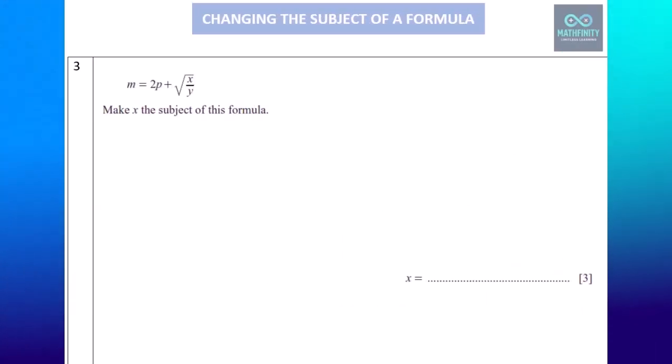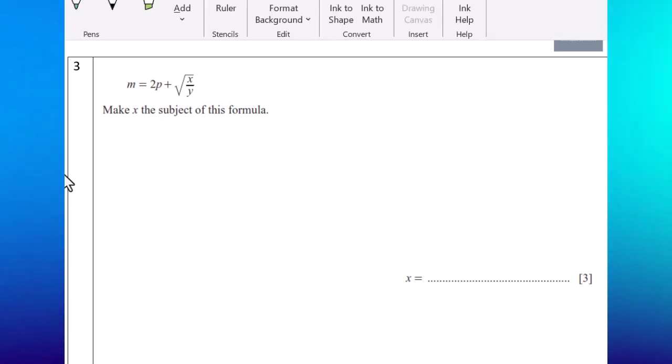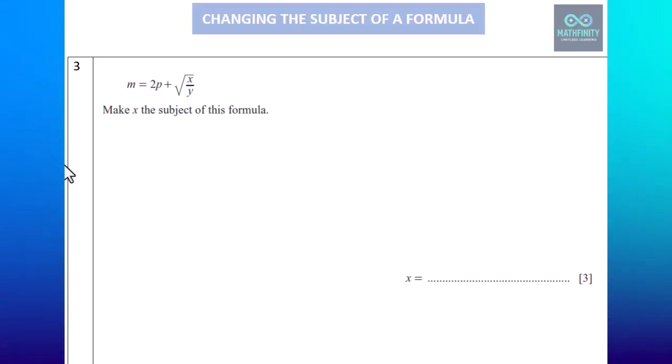Now question number 3. m is equal to 2p plus the square root of x over y. And the requirement is make x the subject of the formula. If we have to separate x, make x the subject. So first I will shift this 2p to the other side. We will write m minus 2p is equal to the square root of x over y.